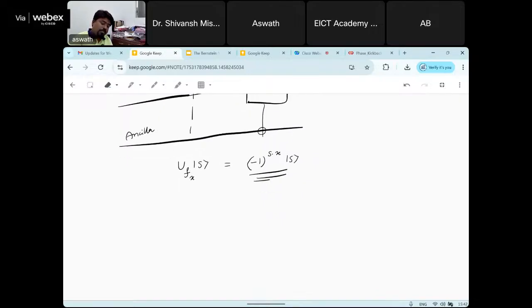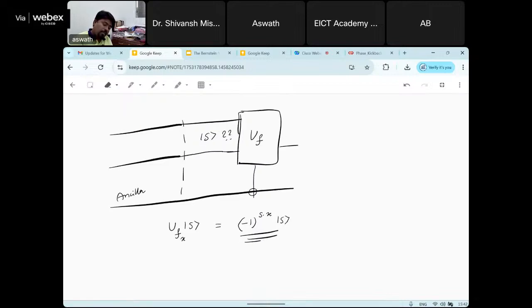Now let's say I act again on whatever is coming out here with Hadamards. What did I do? I started with the Hadamards, ended with the Hadamards, and left the controlled gate as it is, enclosed with Hadamard gates.